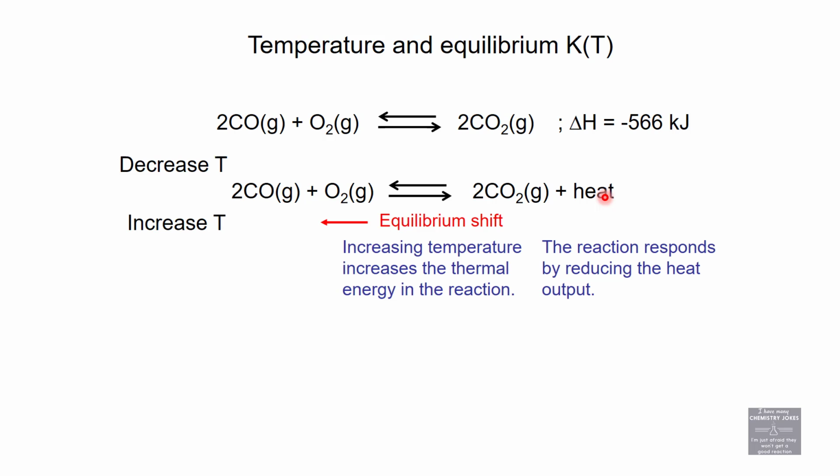If I decrease the temperature, the system will respond by shifting right, trying to generate more heat. So for exothermic reactions, think of heat as a product. For endothermic, think of heat as a reactant, and then it shifts the same way that concentration would.